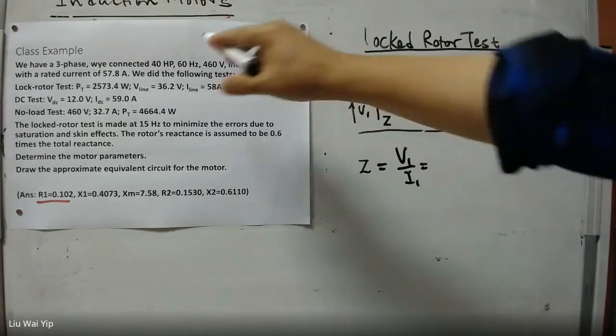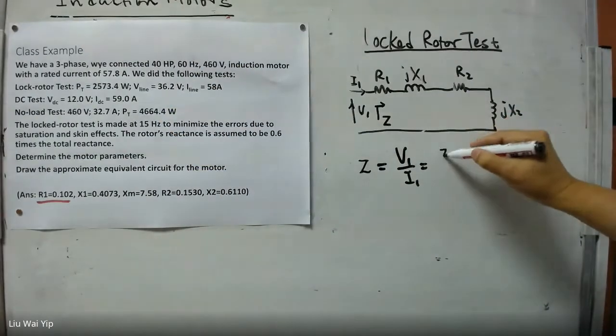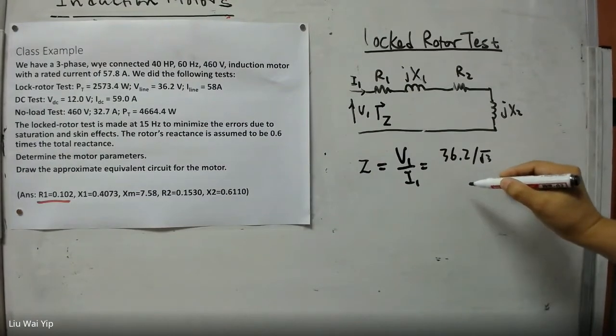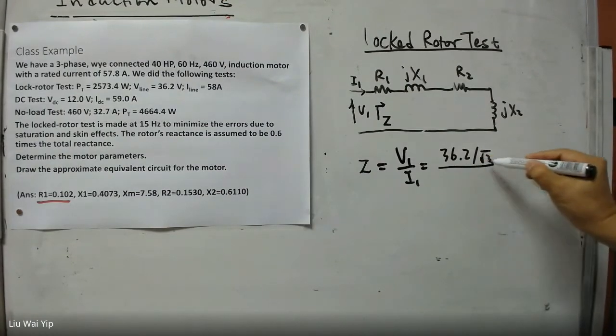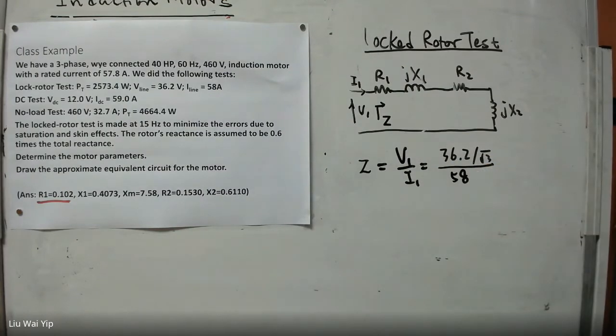And in this case, V1 is going to be 36.2 divided by root 3, and then the current here is 58. So this way is more elegant.